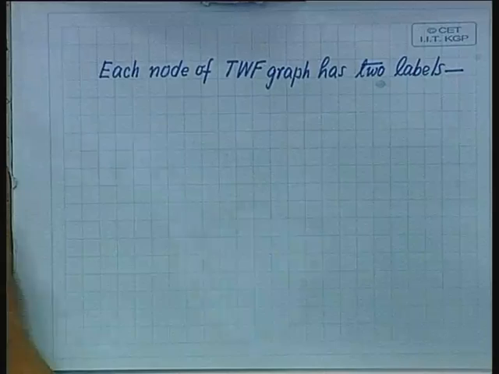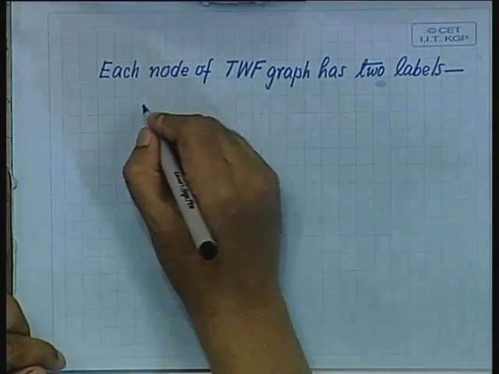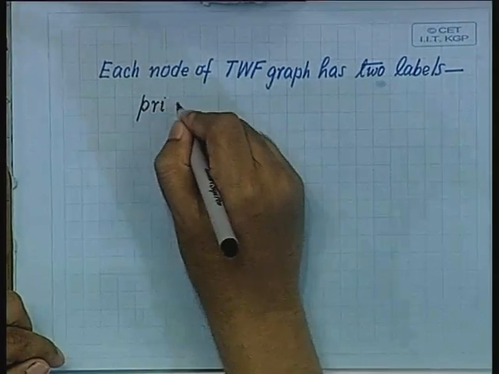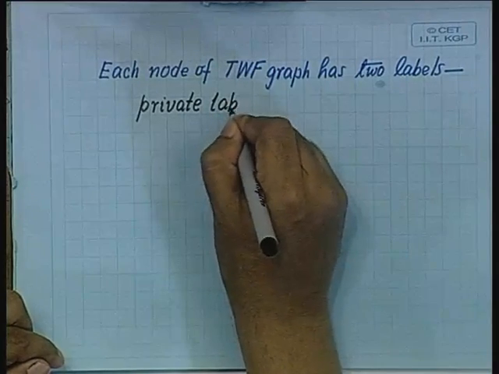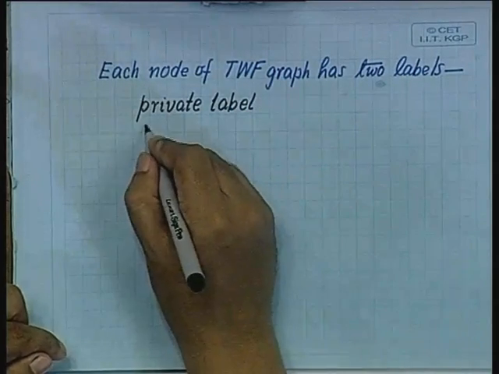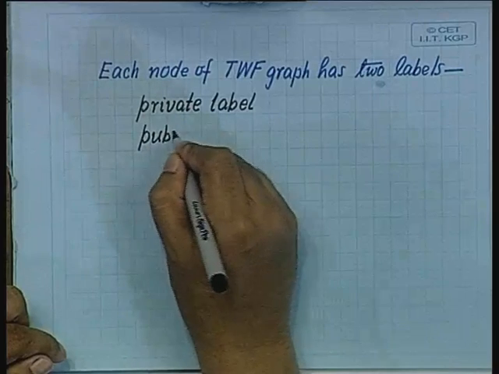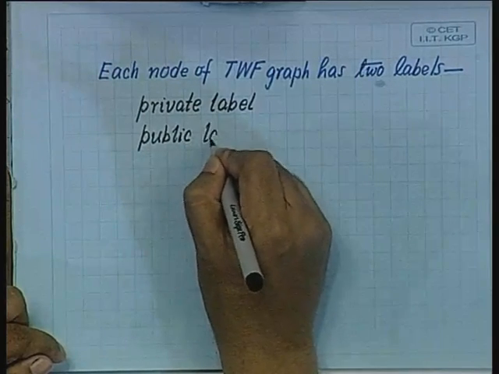Okay, so one of those labels is called a private label, and the other is called a public label.